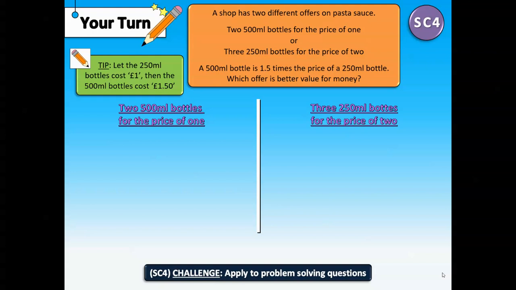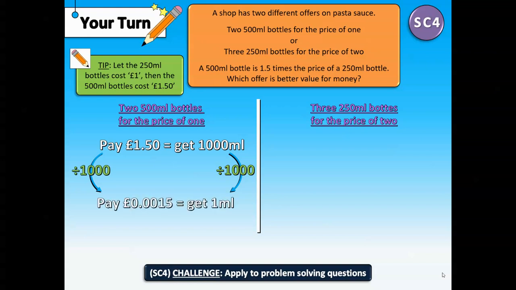So if we let the 250ml bottles cost £1, that would mean the 500ml bottles cost £1.50. So in the first offer, we pay £1.50 and we get 1,000 millilitres. So if we divide that by 1,000, that would be the price for 1 millilitre in the first offer.